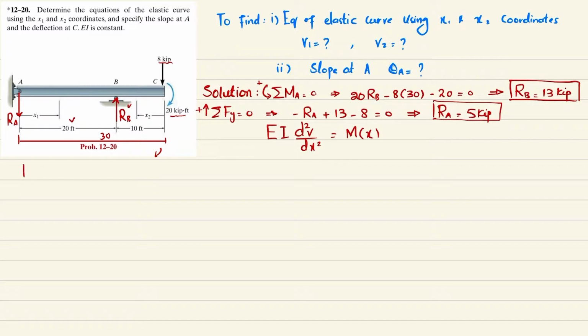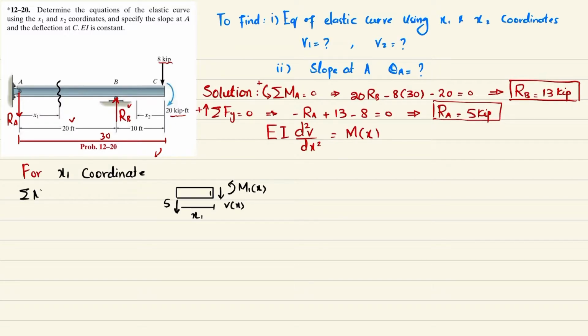So for the x1 coordinate, I will cut the beam over here. When you cut the beam, you will have RA, which is 5 kips, and let this distance be x1 because it is the coordinate. When you cut it, you will have a shear force V(x) and a moment M1(x). Let this be your point 1.